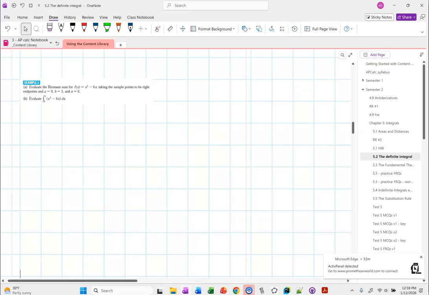Part A says evaluate the Riemann sum for f of x equals x cubed minus 6x, taking sample points to be right endpoints, and a to be 0, and b to be 3, and n to be 6.